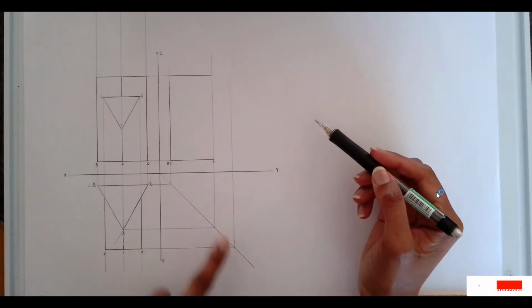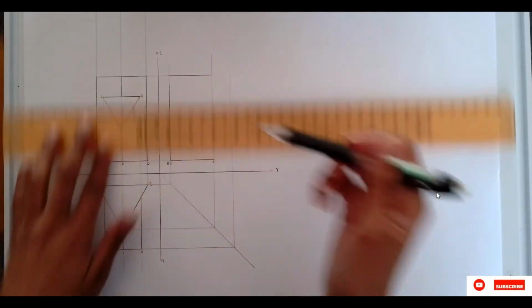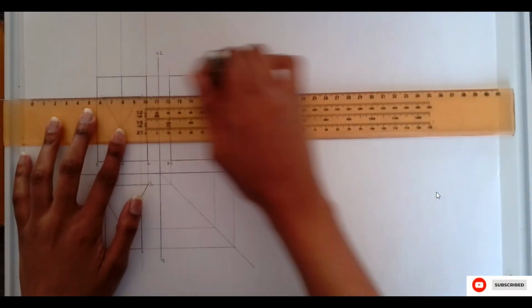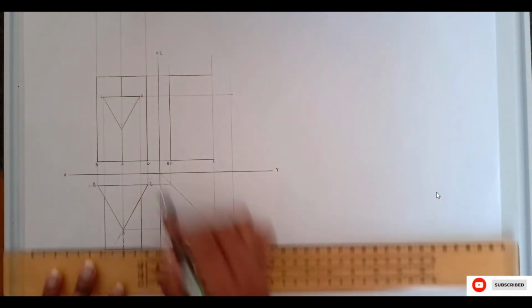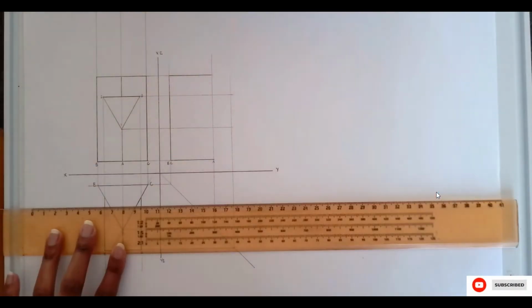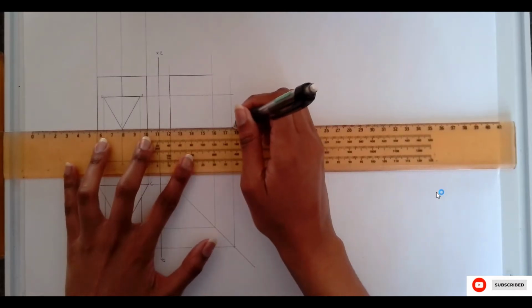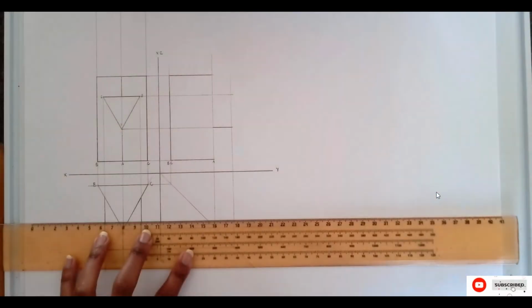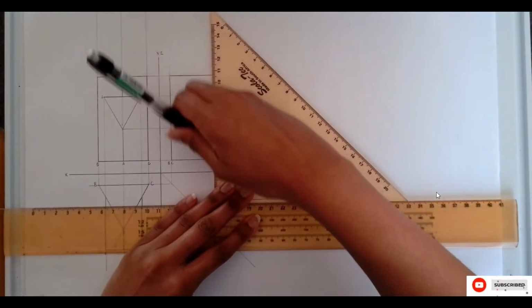So we have 1, 2, 3 there, but we have 2, 3 joining with the line there. And then we have 1 here at the bottom. So that's what we have so far. Then we can just create that shape.